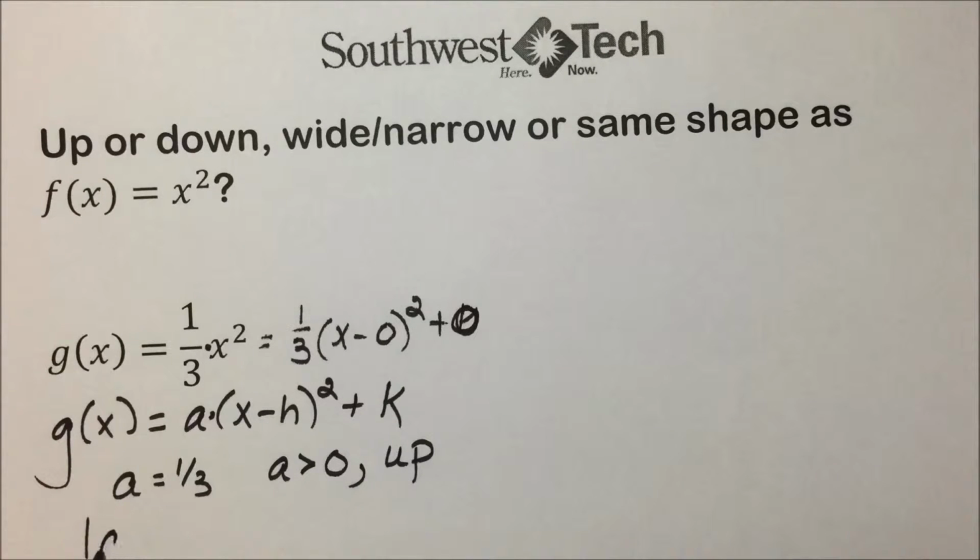Since the absolute value of a is between 0 and 1, and it clearly is, the absolute value of 1/3 would be 1/3, it means that we are going to have a wide parabola. So to answer the two questions, we would say it's opening up and it is wide.